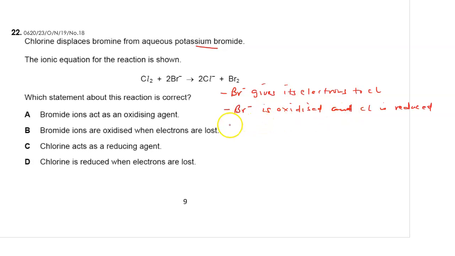Okay, and therefore the one which is reduced is the oxidizing agent, and therefore chlorine is the oxidizing agent. And consequently bromide is the reducing agent.